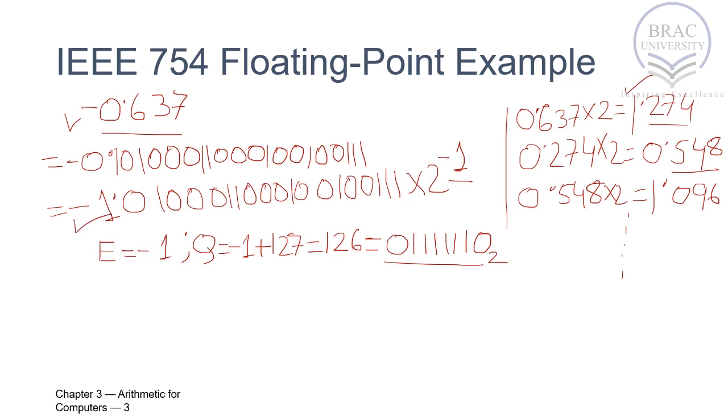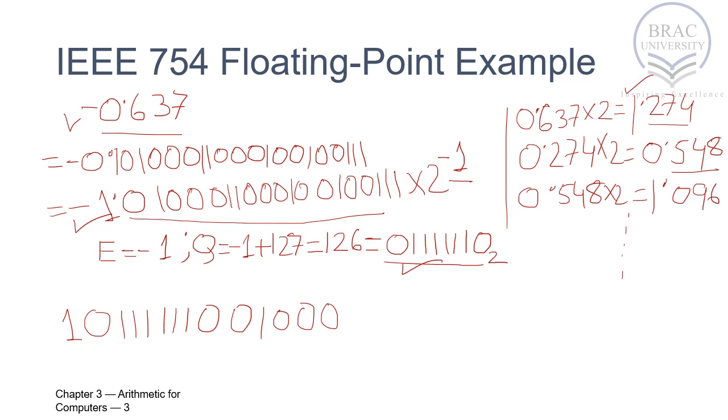Our value is negative, so we'll have a 1 in the sign bit, and the exponent is this one, 01111110, and the fraction bits are going to be this: 01000110001001001 11. Now this binary value is the IEEE 754 representation of our decimal value.